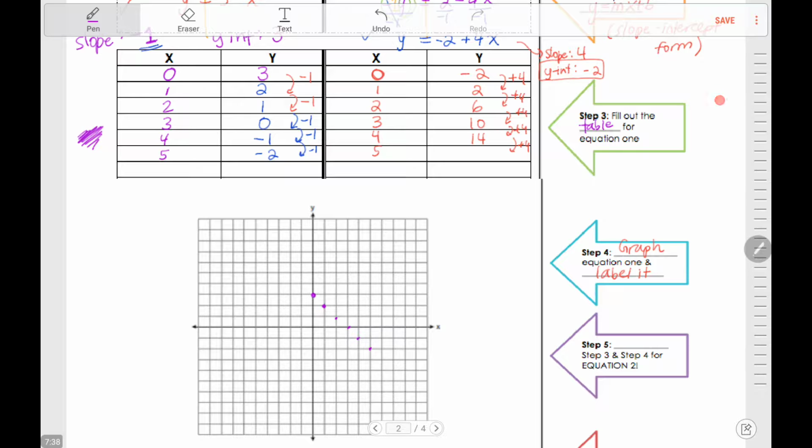And I'm going to connect that with a straight line. If you have a ruler or a straight edge, make sure you're using that. Okay, so I'm going to label this equation, equation 1.